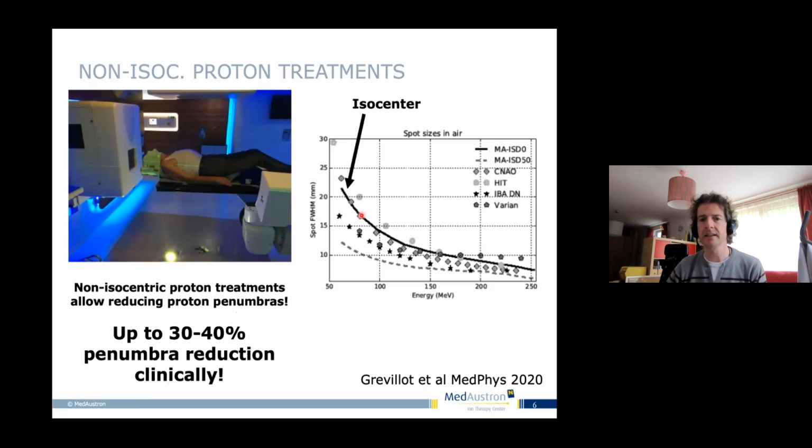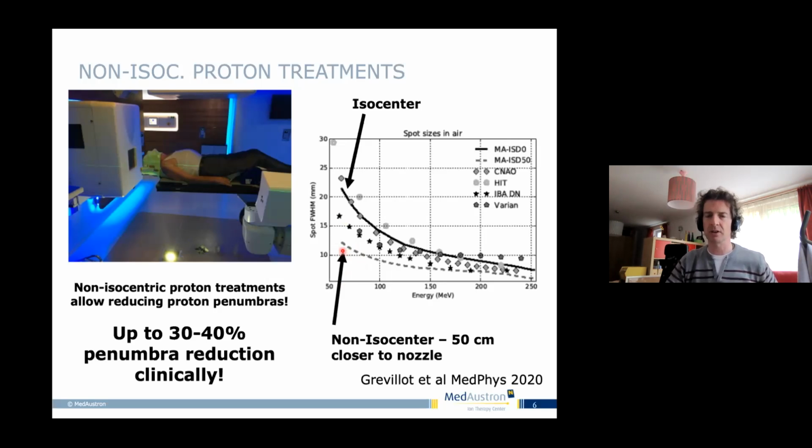Yes, where you can see our spot size in comparison to commercial systems like IBA or Varian proton beams, where in an isocentric manner our spot size would be bigger than the commercial solution. But as soon as we move the patient with his head treatment, like over here, from the isocentric to the non-isocentric condition, we could achieve even sharper spots. The spot is shown in full width at half maximum in millimeters as a function of energy here, and we can produce sharper spots even than the commercial solutions.